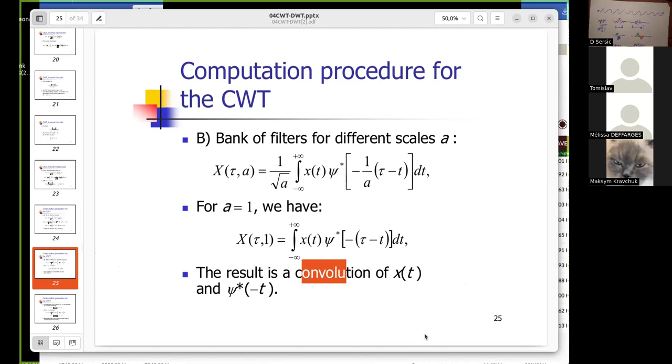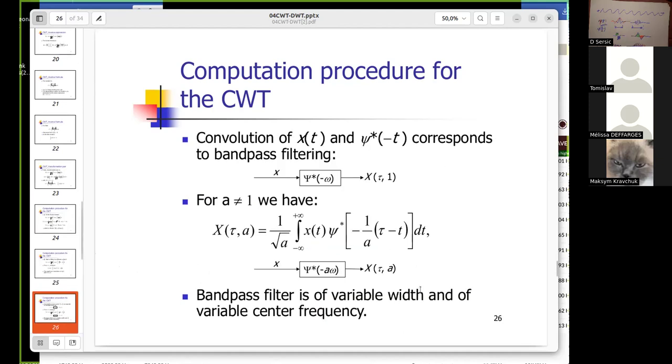I'm just going fast because I know that, on the one hand, you are not able to follow all those equations and slides, but still you can understand what we are talking about, and there are a lot of things similar to the STFT.